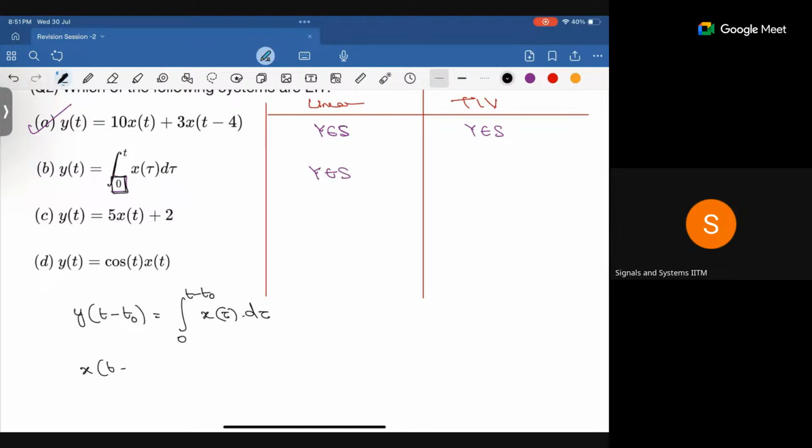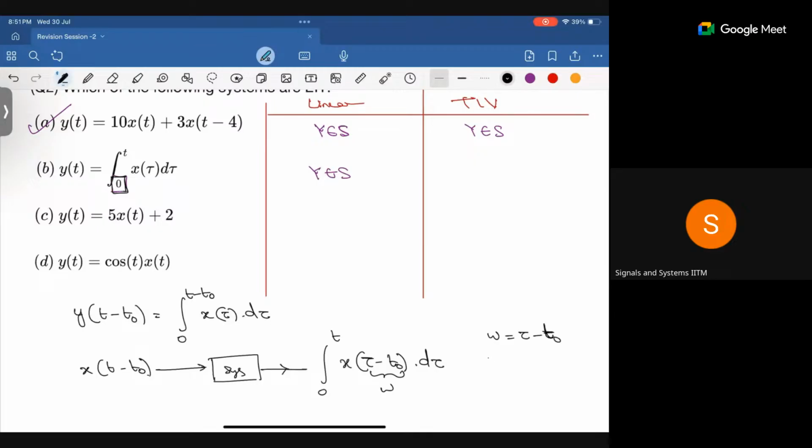If my input is delayed, and this goes to the system, this will be the integral from 0 to t of x of t minus tau minus t naught d tau. Now if I take this as some other variable, a change of variables, let's say omega is tau minus t naught.